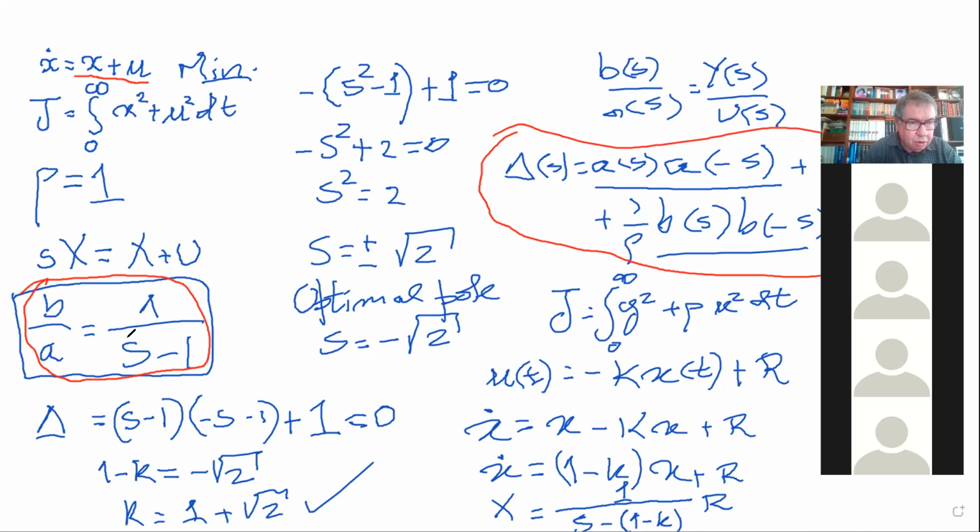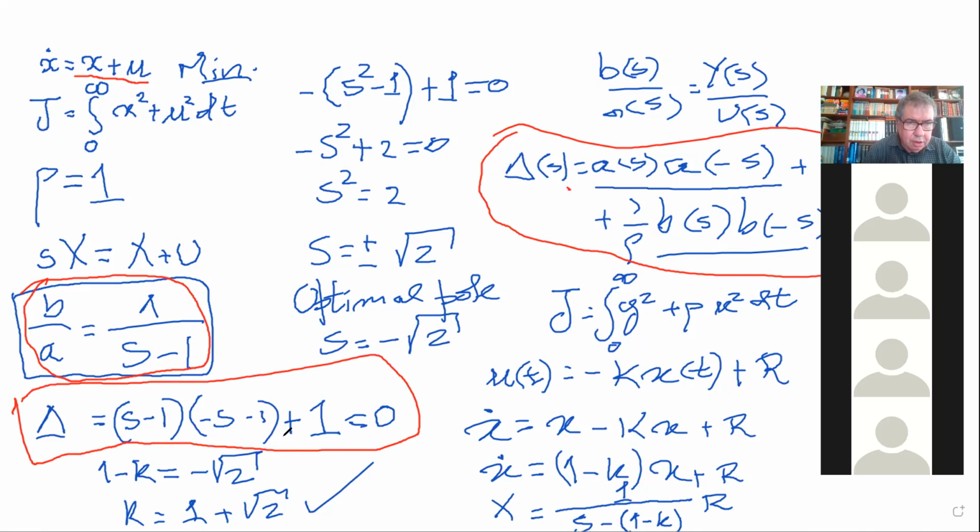This is very simple to compute because you don't need any control. So you get A and B, you replace it there, and you end up with some polynomial, and now find the roots.